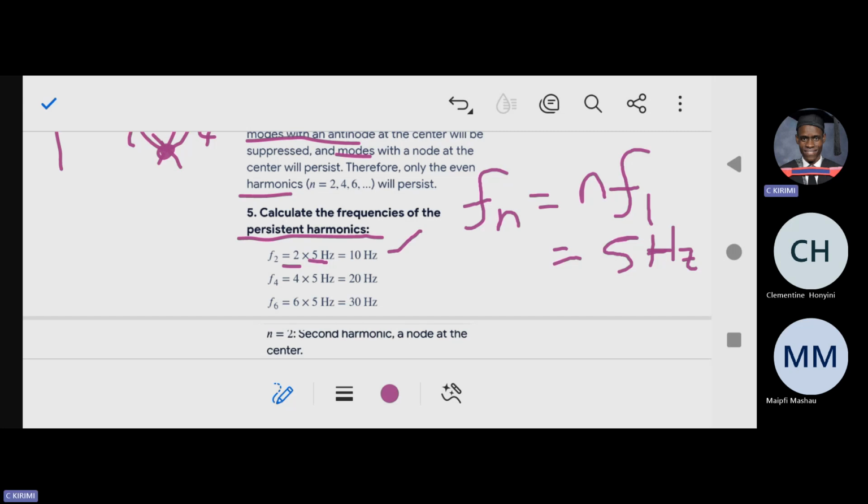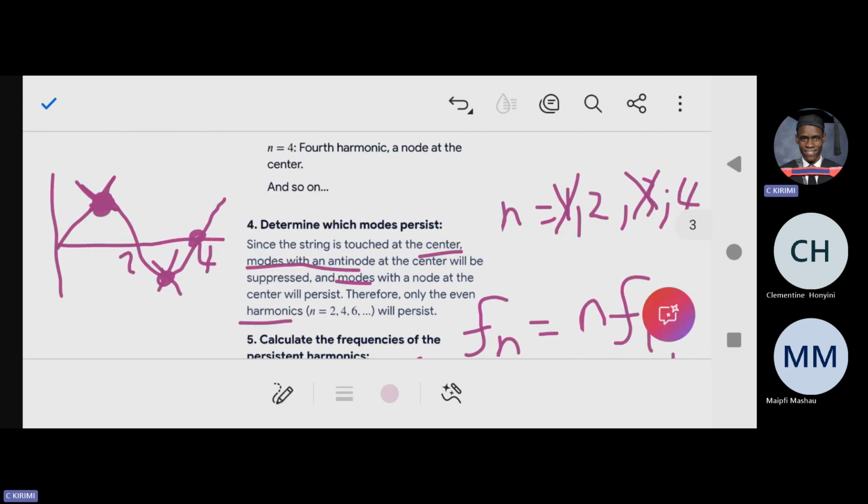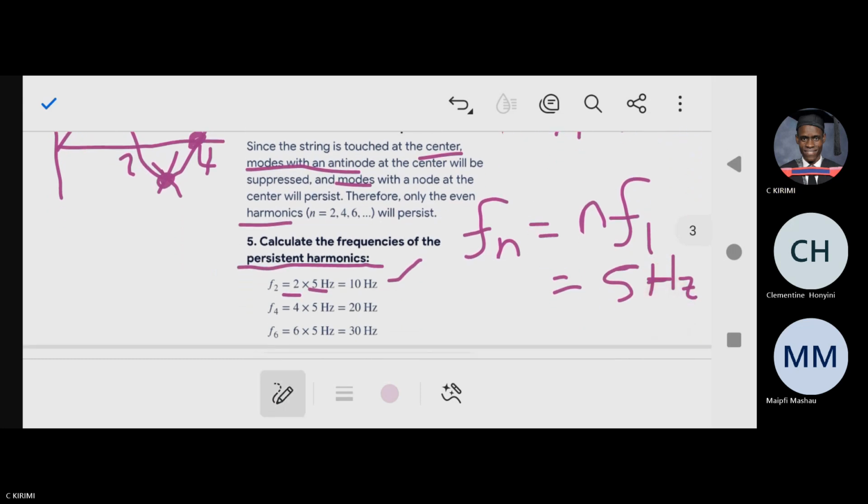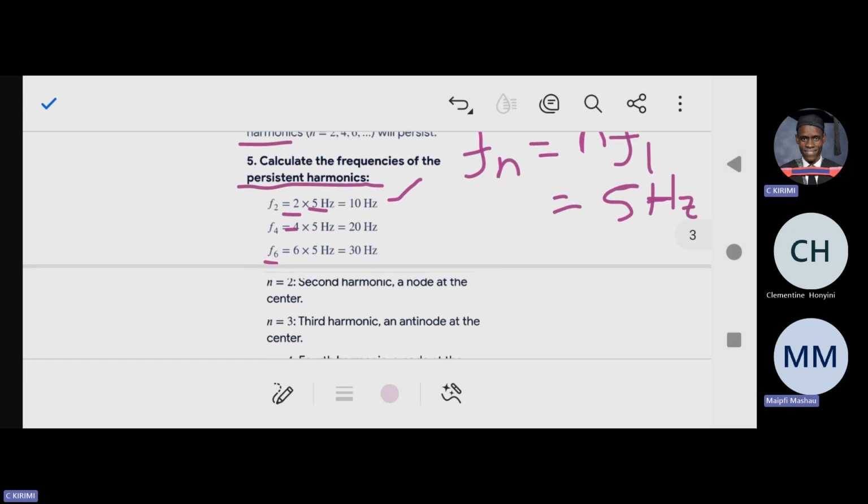Instead of going to F3, because when n is 3 that mode is being suppressed, we ignore 3, we go to 4. 4 times the fundamental frequency, 20 Hz. Instead of going to F5, you skip 5, now you use F6. 6 times 5 Hz, 30 Hz, and so on.